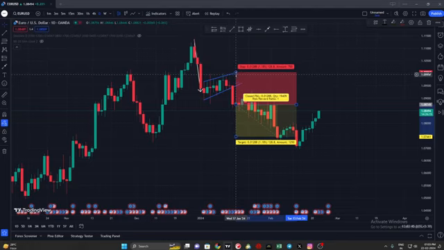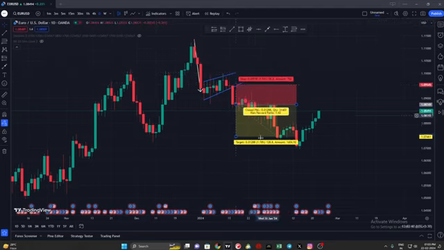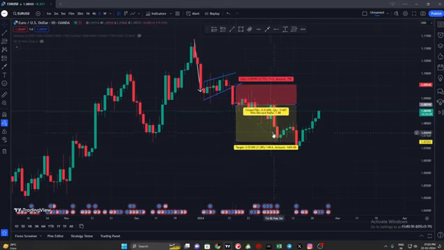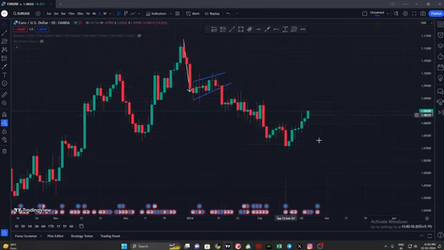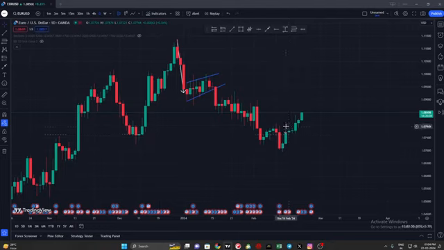If we take a trade, it's at the top of the candle and TP at the bottom, and we are done. So in the daily chart, this kind of setup, rally base rally or drop base rally, works amazingly.